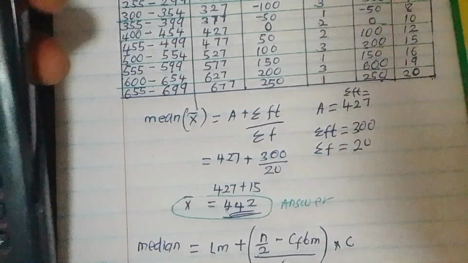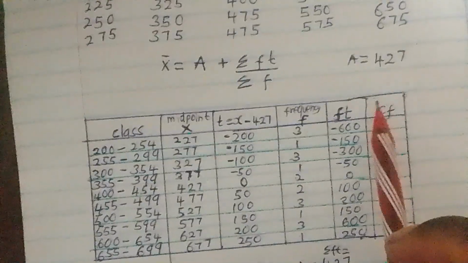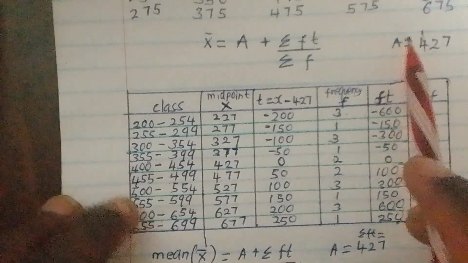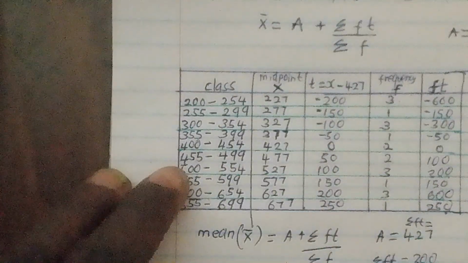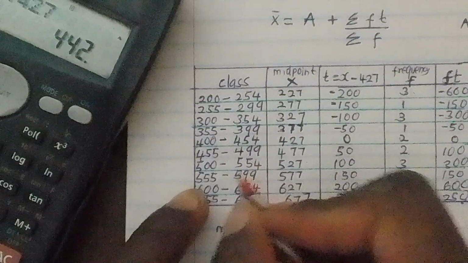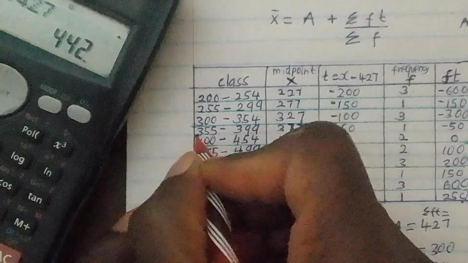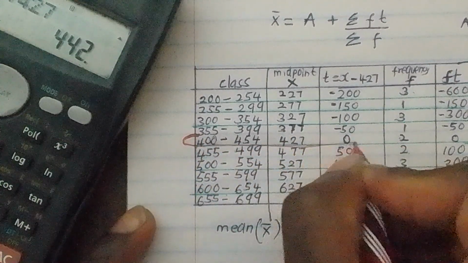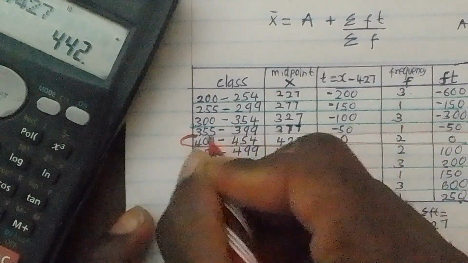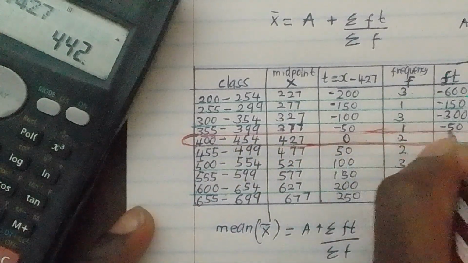So let's find the median class. The median class is the class in which our assumed mean lies. So this assumed mean lies in this class, this 400. Yeah, so this one is our median class. So that's the median class for when you're finding the median.